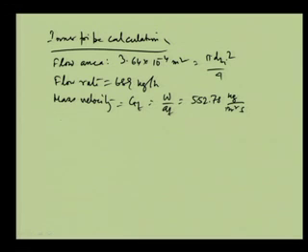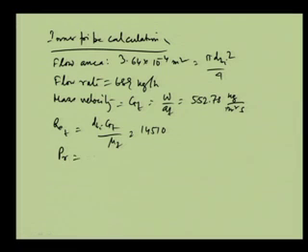And then Reynolds number for tube side fluid is equal to dTi GT by mu t, and that happens to be 14510. If we do the calculations properly, we will get this, and Prandtl number will be mu Cp by K, and that is equal to 5.37.